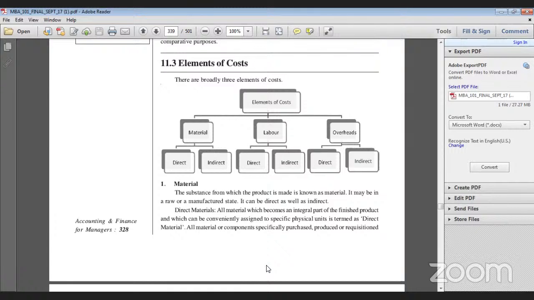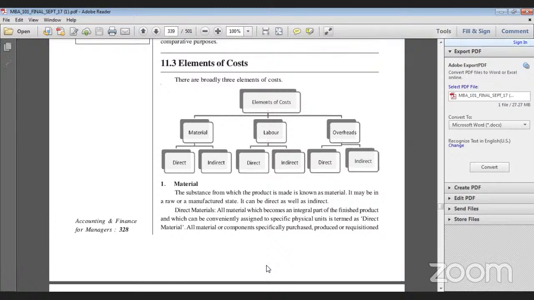It may be in a manufacturing state. It can be direct as well as indirect. Direct material is all material which becomes an integral part of the finished product and which can be conventionally assigned to a specific physical unit.